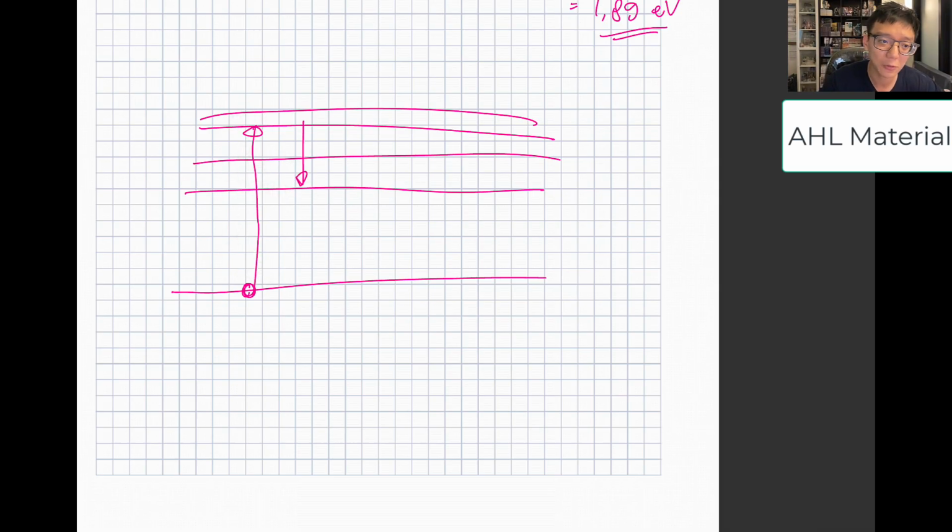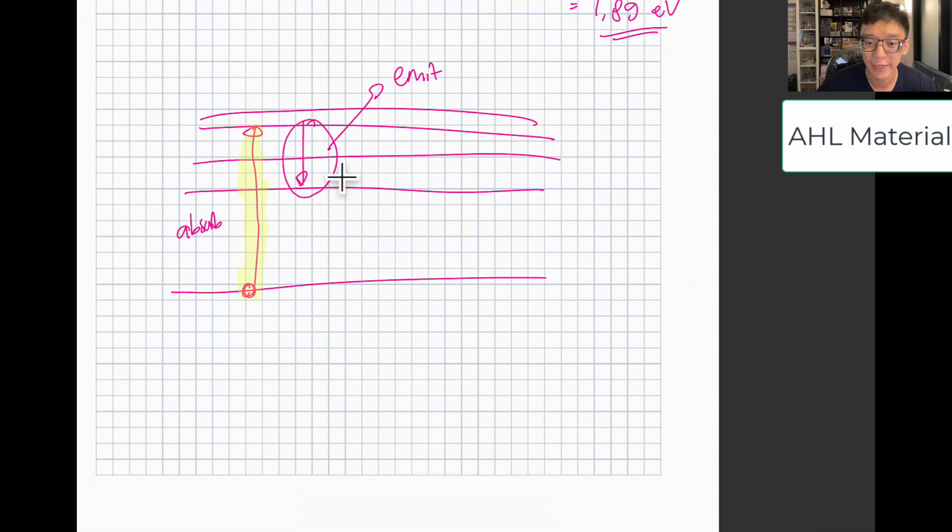Here you need to absorb energy because you go up. But the moment you go down, you will emit energy.